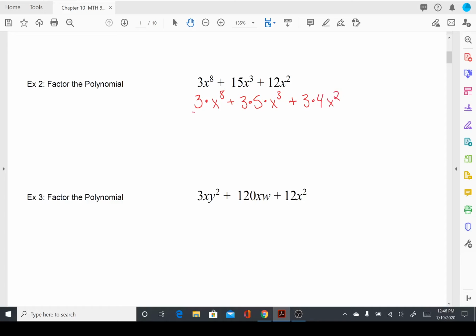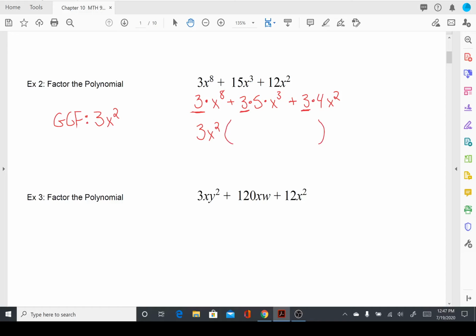And I can see that the 3 is a part of my greatest common factor. This one's a little bit more tricky because there's a 3 in common in each term, but also you'll see that there's some x's. The first term has 8 of them, and the second term has 3, and the third term has 2, so we can take a total of 2 x's out of each of the terms. The greatest common factor goes outside of the parenthesis, and then we'll write what's remaining inside.